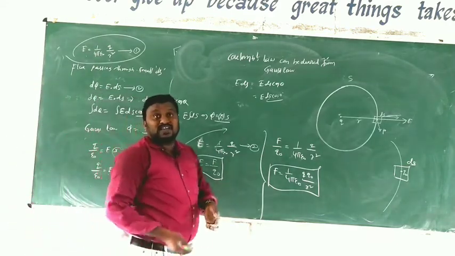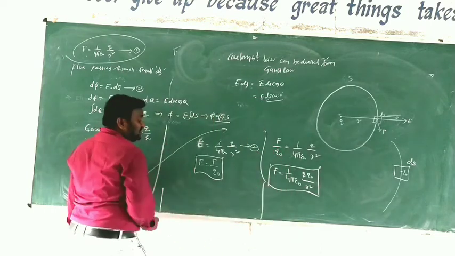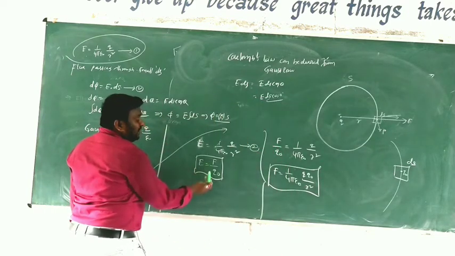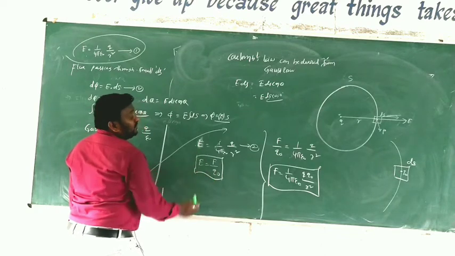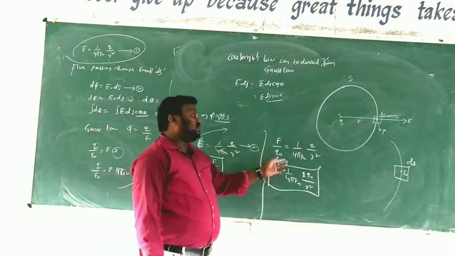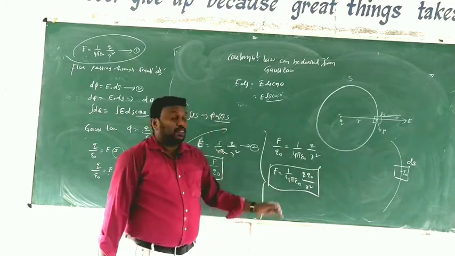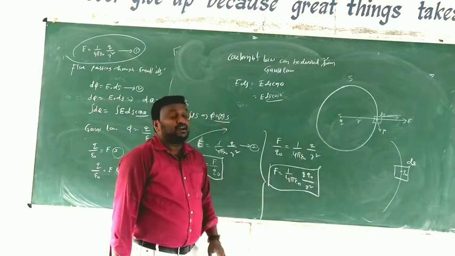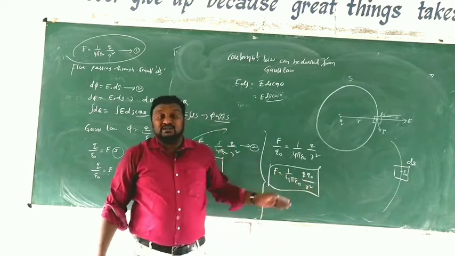Now if we keep some q naught charge at this point, then some force acts on it, and we write E is equal to F by q naught. We substitute this value: F by q naught is equal to 1 by 4 pi epsilon naught q by r square. Then F is equal to 1 by 4 pi epsilon naught q q naught by r square. This is Coulomb's inverse square law.